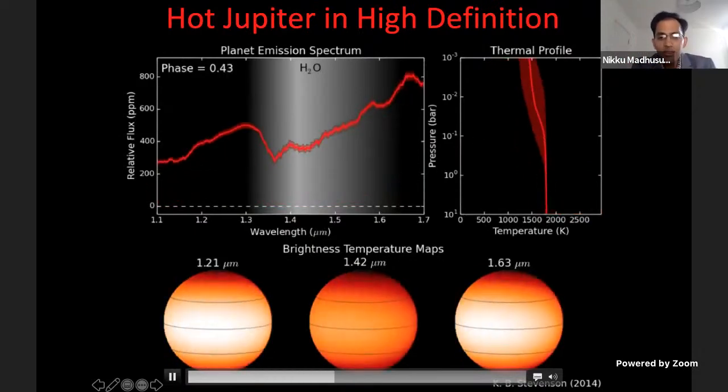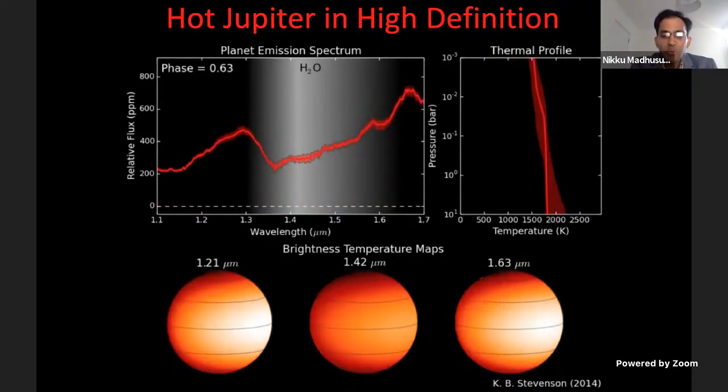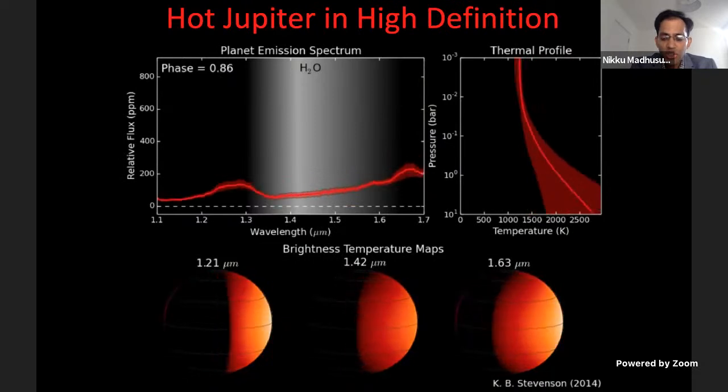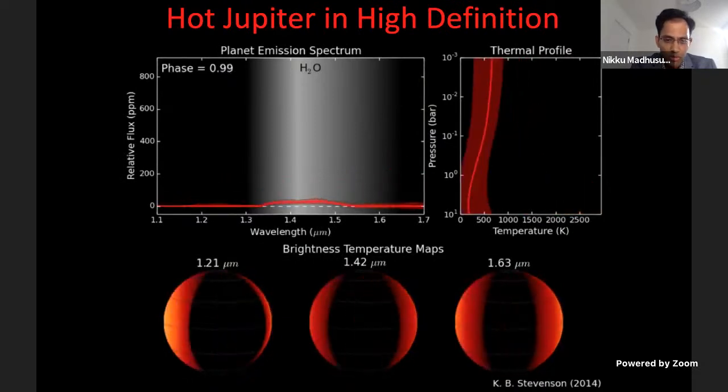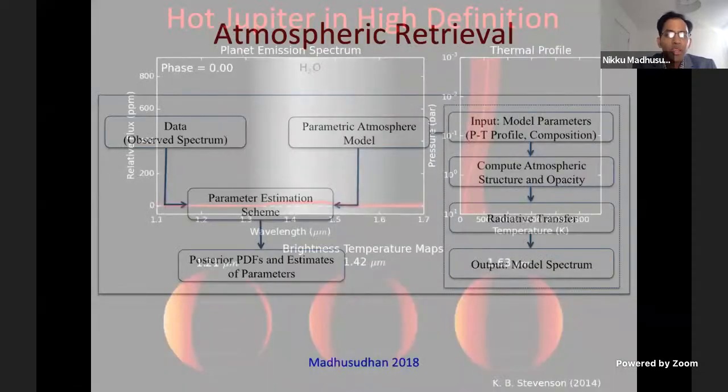This is a very expensive observation to make. It took about 60 HST orbits. For those of you who make space-based observations, you know that's a ton of time. We can afford to make only a couple of these observations in several years. There are a couple of such observations, but this is by far the best one to my knowledge.